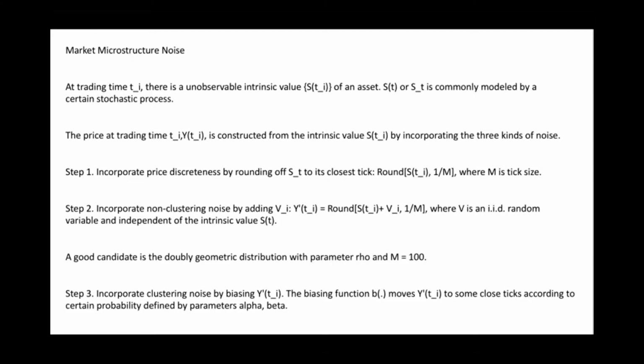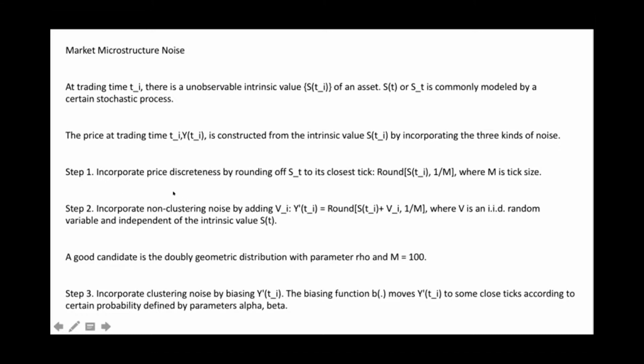This shows how the noise is calculated. This first line says this S of T sub I is the price you generated from your model, the intrinsic price. And for each value, you round it first.